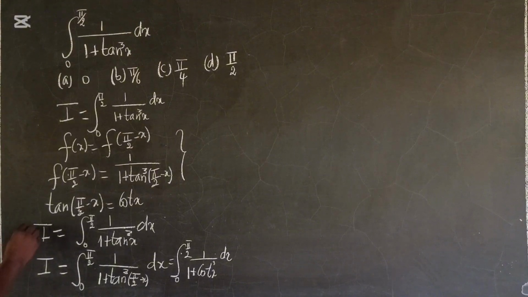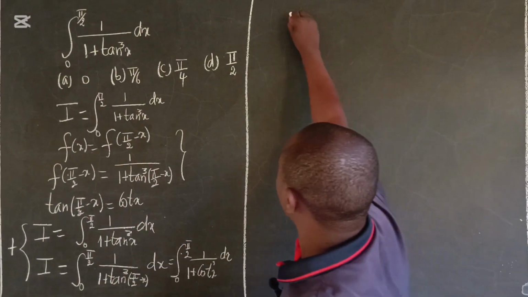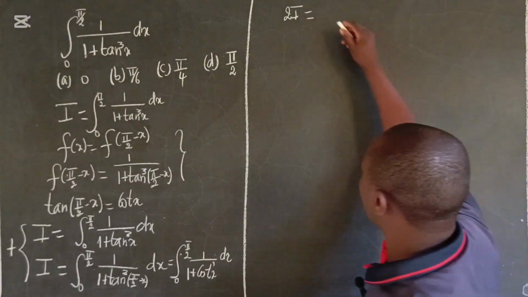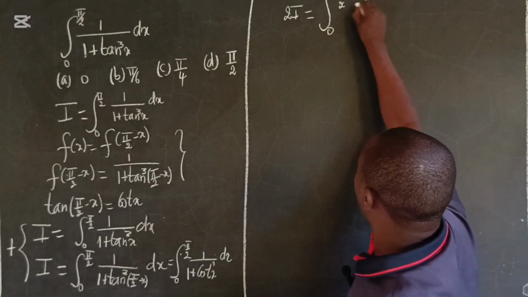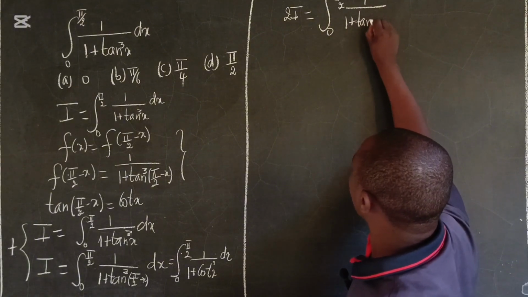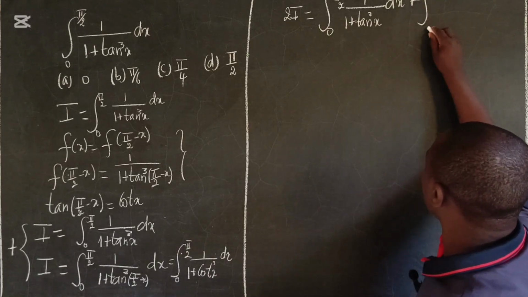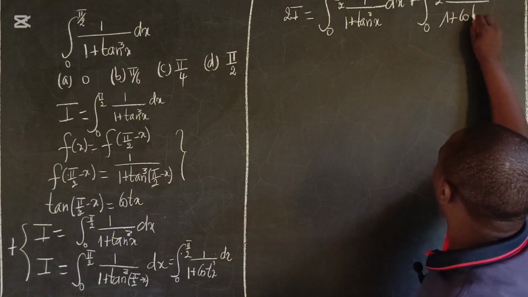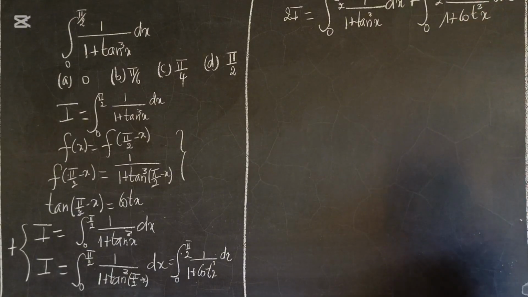So, summing these two up, we'll have 2I, which is equal to the integral from 0 to pi over 2 of 1 over 1 plus tan raised to 3 x dx, plus the integral from 0 to pi over 2 of 1 over 1 plus cot raised to 3 x dx.